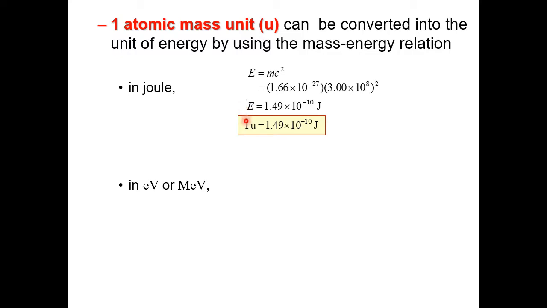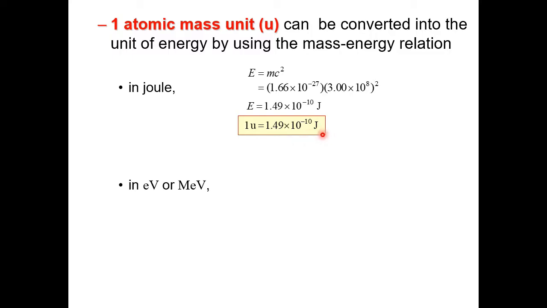You'll get the energy, which is equal to 1.49 times 10 to the power of negative 10 joule. And if you want to convert from U to joule, you multiply by 1.49 times 10 to the power of negative 10 joule.